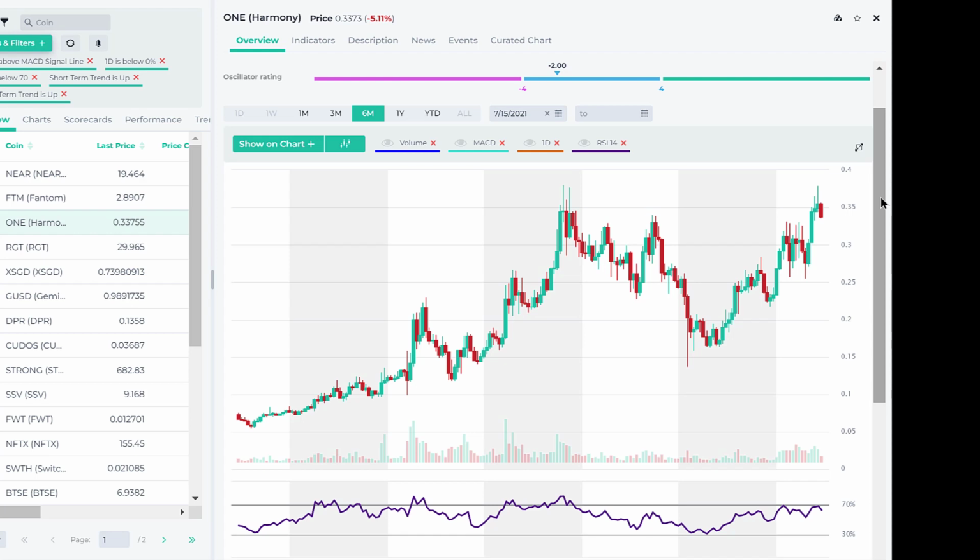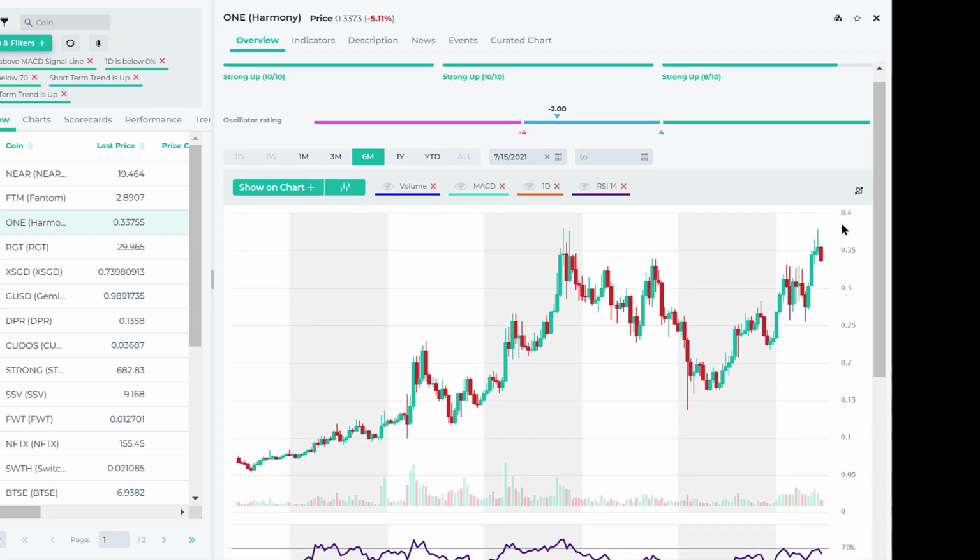So what you can do is buy it on the pullbacks. Typically, you want to look for some support level around, in this case, it's probably, let's say 30, maybe a little lower, 27 cents or so. So you might want to wait for that pullback to that level and get involved, or wait for the breakout.